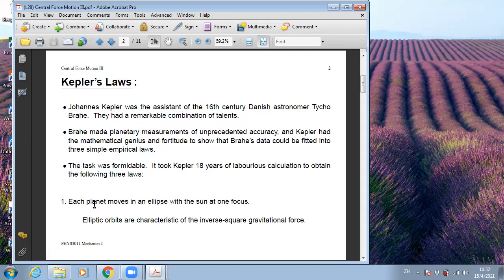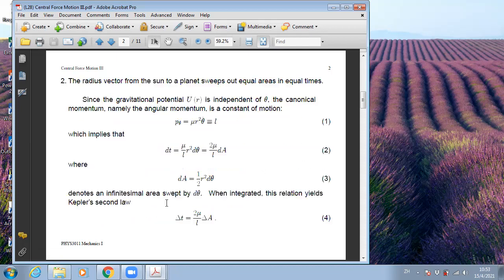So the first law tells us that each planet moves in an ellipse with the sun at one focus. Elliptic orbits are characteristic of the inverse square gravitational force. The second law, the radius vector from the sun to a planet sweeps out equal areas in equal times.